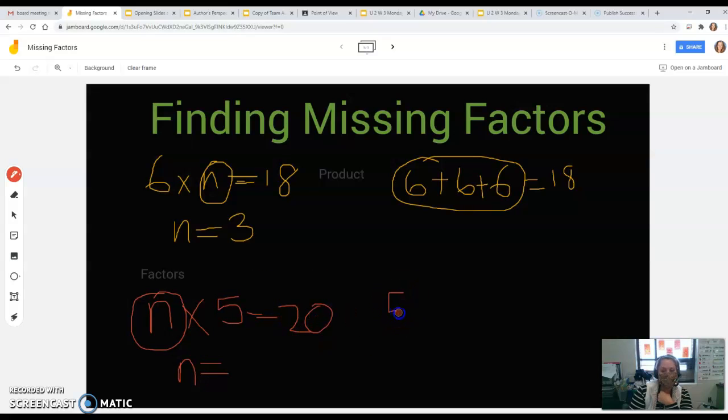So again, I can keep skip counting by 5s until I get to 20. So 5, 10, 15, and 20. So then how many groups of 5 did I have? 1, 2, 3, 4. So that means that n equals 4.